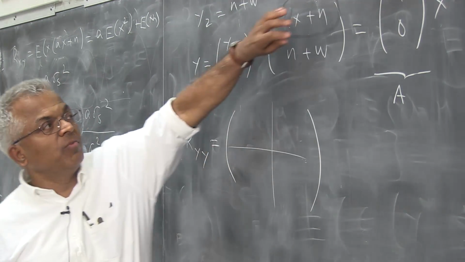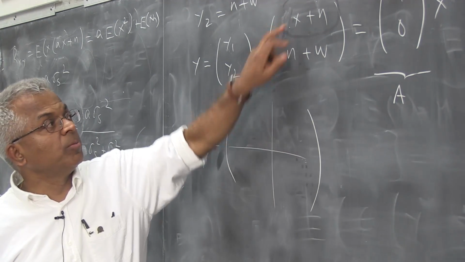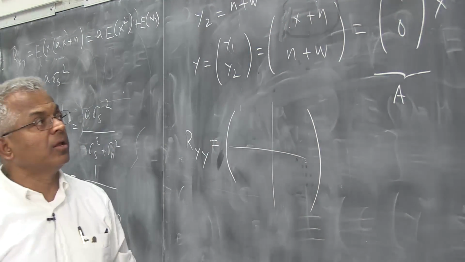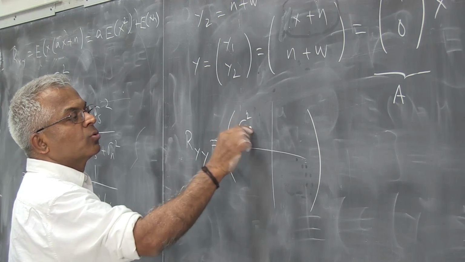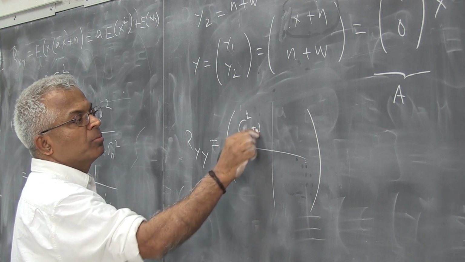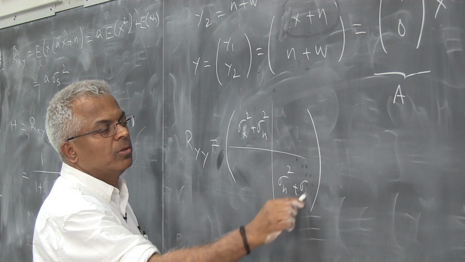The first entry is the variance of this. This is the variance of this. This will be the cross term. So let's do it mentally. The variance of this is sigma x squared plus sigma n squared. This will be sigma n squared plus sigma w squared.